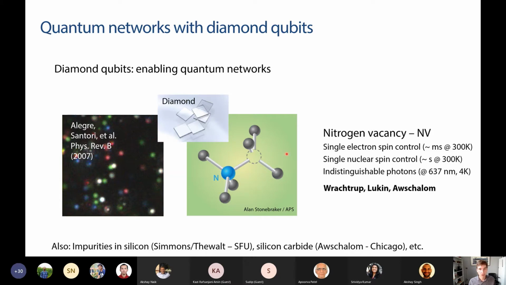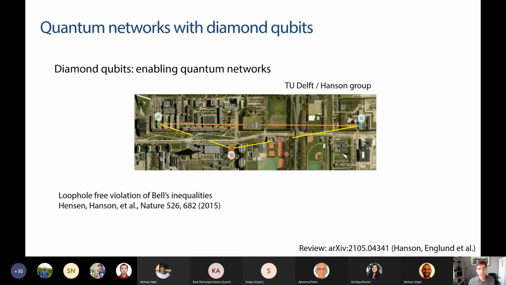This diamond system has been used in a large number of groundbreaking quantum experiments, which are pushing towards building these quantum networks. There's a nice review from the Hanson and Englund groups on the arXiv this year.